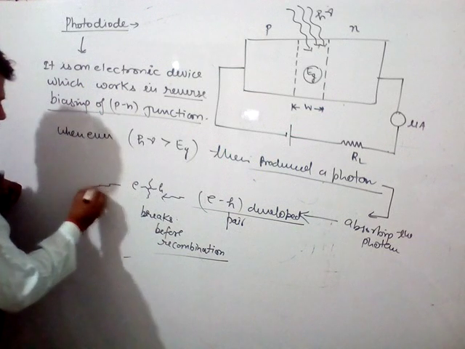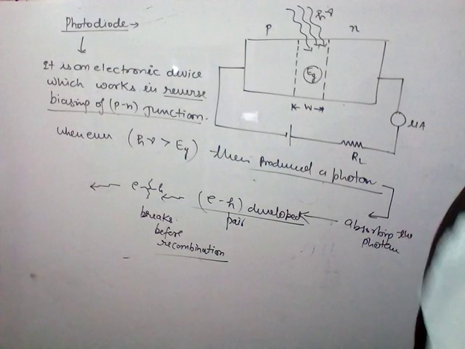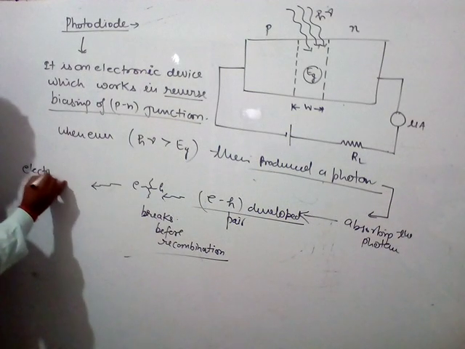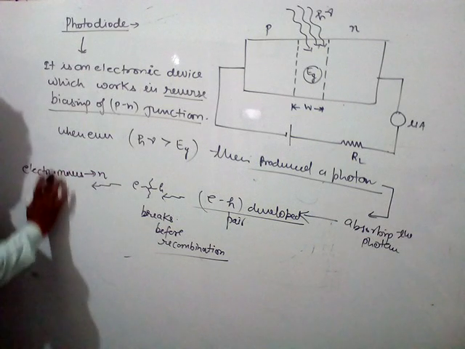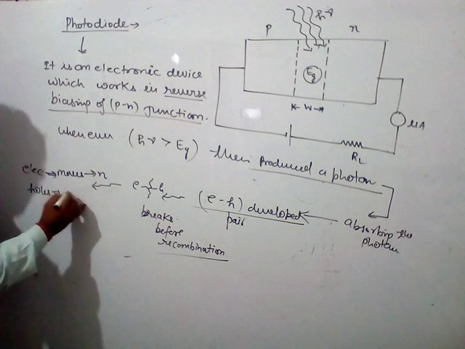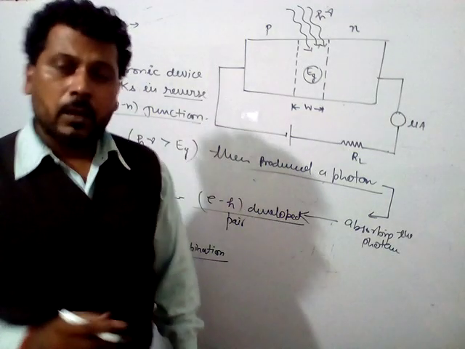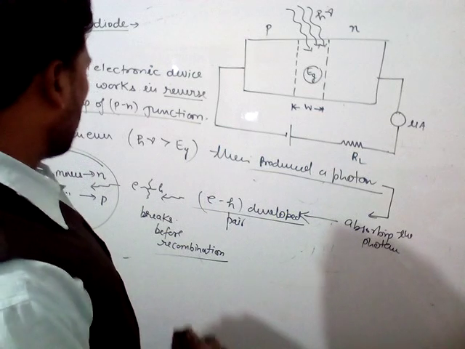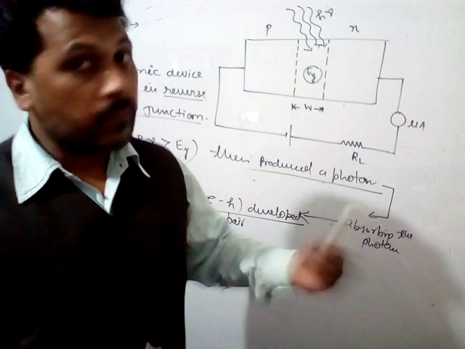Due to this, ऐसा होने से क्या होगा कि इलेक्ट्रॉन जो होगा moves towards N and holes move toward P. इलेक्ट्रॉन जो होगा वह एन रीजन की तरफ मूव करने लगेगा, और होल जो होगा पी रीजन की तरफ मूव करेगा, and in this way here some current is produced or flows.